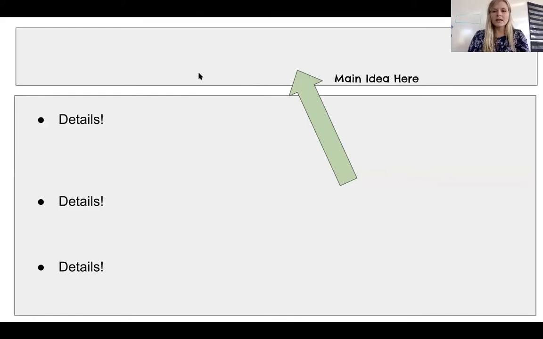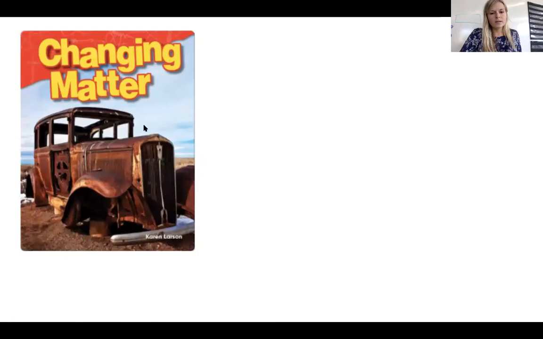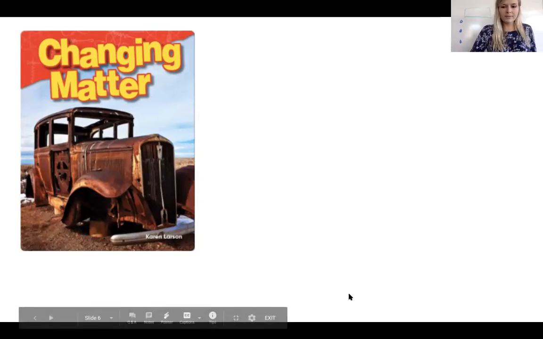It shows that the main idea is what all the details following are about. So what we're going to do is we are going to look at a section of the book, Changing Matter, and we are going to decide what that section is about, what the main idea is, and then we're going to show the supporting details. We'll put it in our graphic organizer, but first let's read it together.